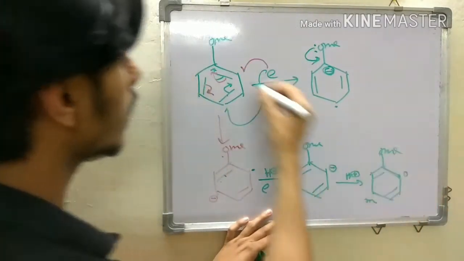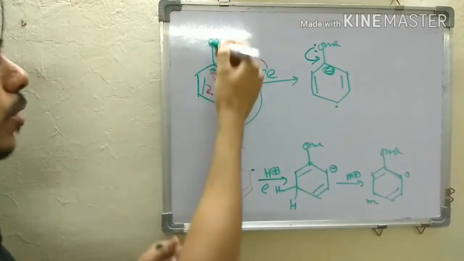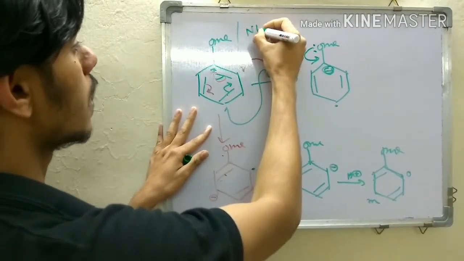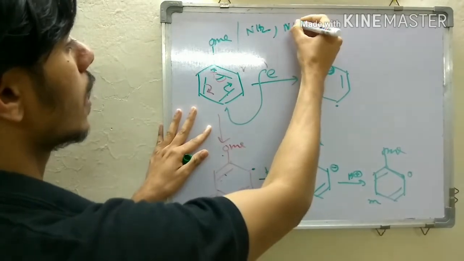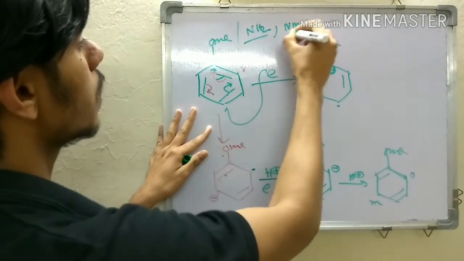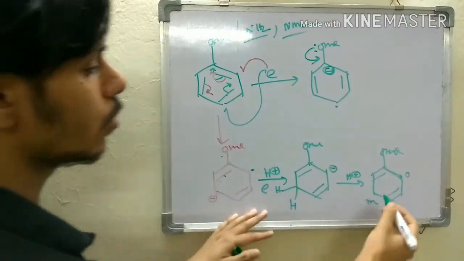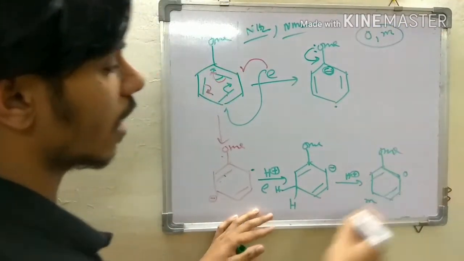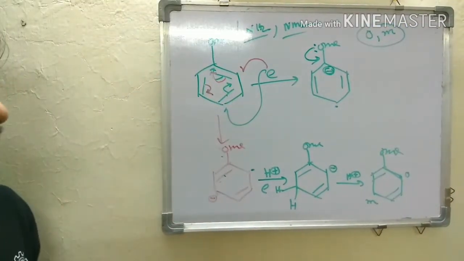So when an electron donating group like OMe, NH2 or NMe2 is on your benzene ring, you get the ortho-meta product. So ortho-meta hydrogenation occurs, right?